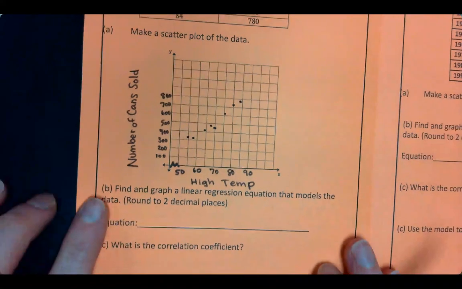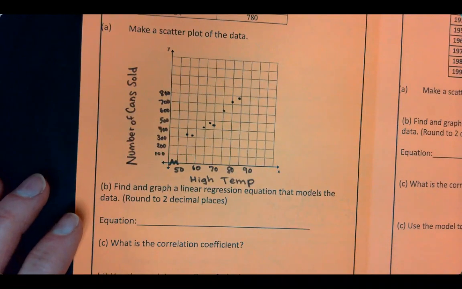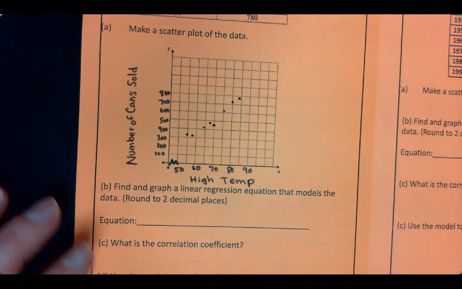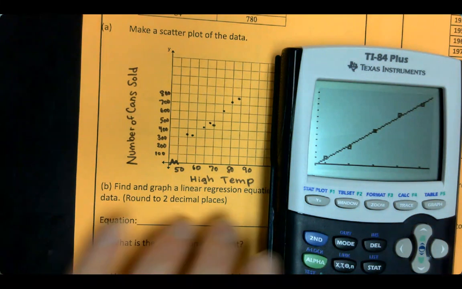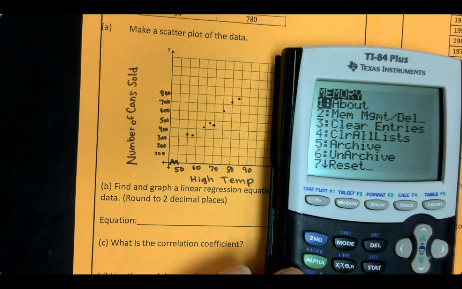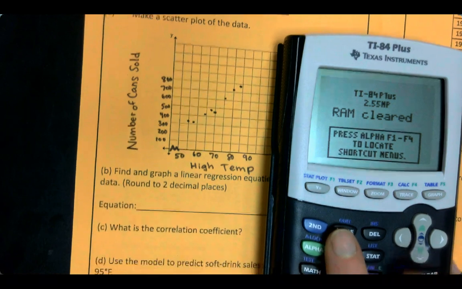Okay. Part B says find and graph a linear regression equation that models the data. So now I'm going to clear out the memory on my calculator. Second plus 7, 1, 2, and start fresh. In order to have the R show up, I've got to turn on the mode, stat diagnostics. So do that first.